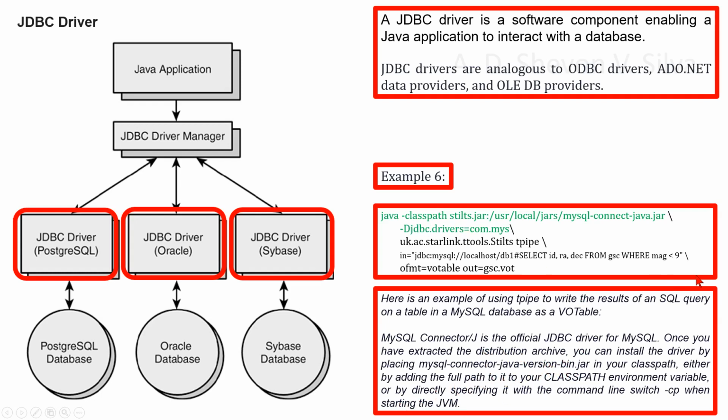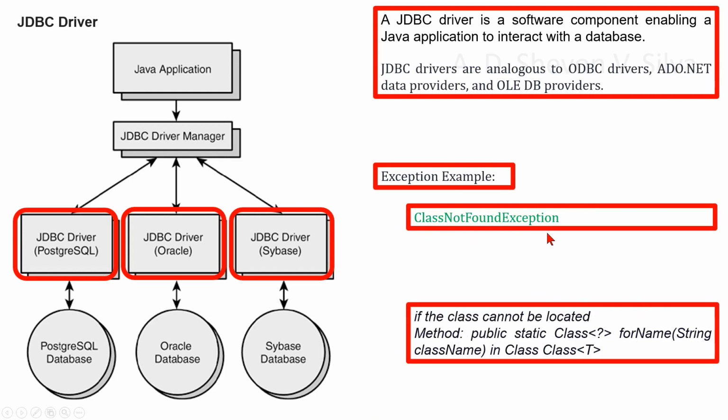As an exception example, we can consider ClassNotFoundException, thrown if the class cannot be located in the method forName(String className) in class Class.